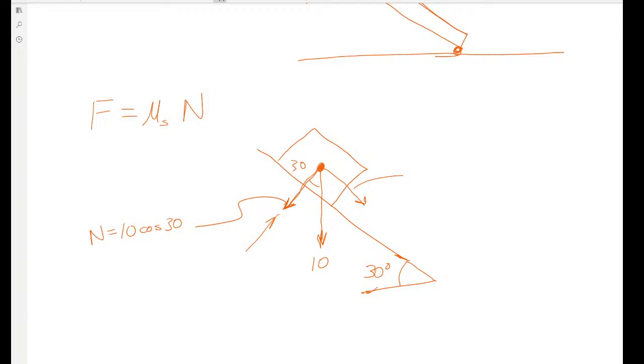And then the force pushing it down the plane, I'll say P, pushing it. There's not a person back here pushing it. It's its own weight pushing it. It's 10 times sine of 30 degrees.